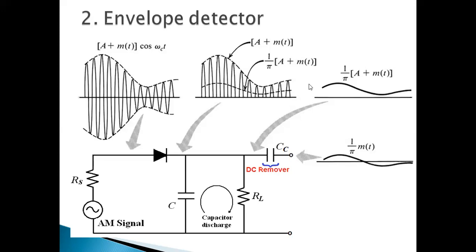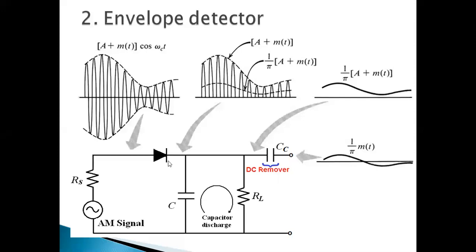When the input signal falls below this value, the diode becomes reverse bias. Whenever the diode becomes reverse bias, the capacitor discharges slowly through this load resistance RL.